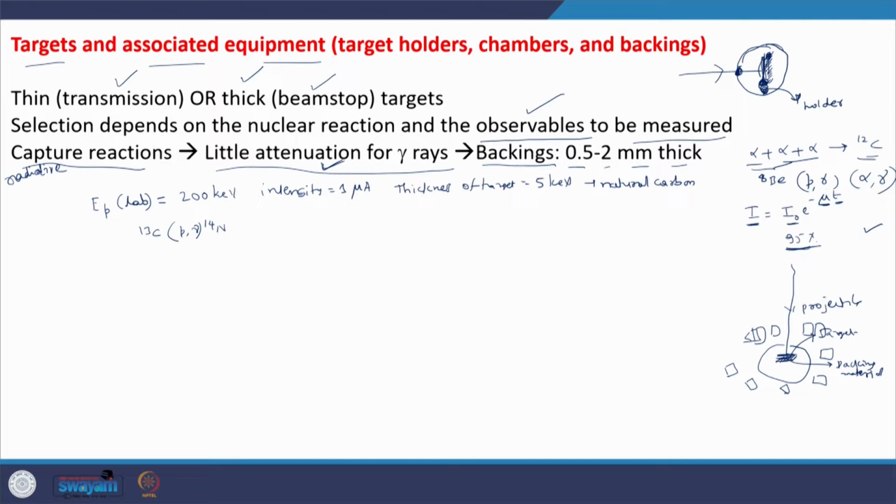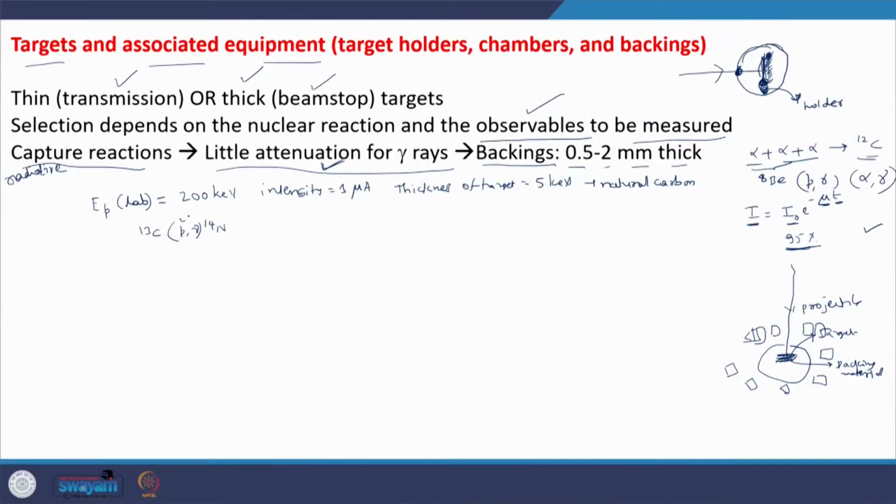What does it mean? It is the energy loss of the protons. The incident energy is say 200 keV, and the thickness of the target is chosen in such a way that when the proton beam passes through this target material, of course it is a transmission target, the loss is about 5 keV. So, the reactions have to happen within this 5 keV difference, which we have to keep in mind.